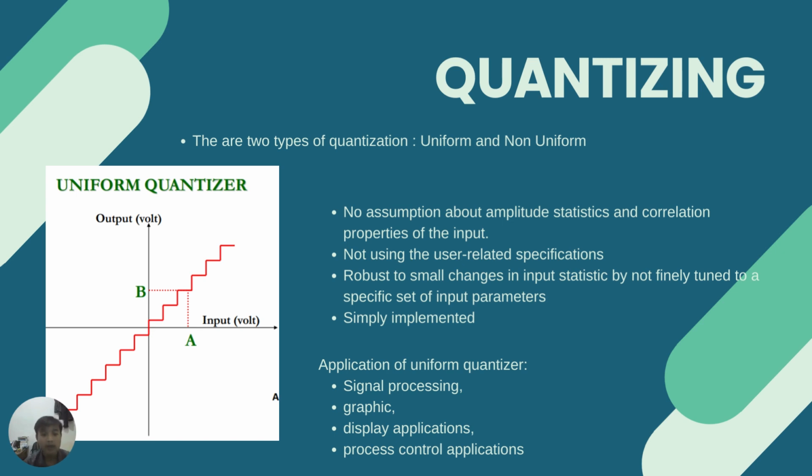And then the applications of the uniform quantizer are signal processing and graphics of video or films and movies maybe, and then display applications, and process control applications.